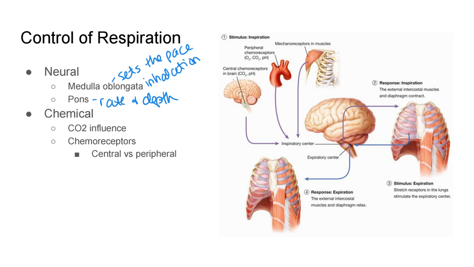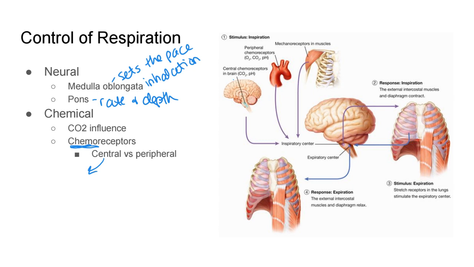Okay, the chemical control, a lot of that's going to come from CO2. CO2 has a bigger influence on our respiration than oxygen levels do. We have chemoreceptors that are going to help monitor CO2 and O2 levels, right? We have central and peripheral ones.